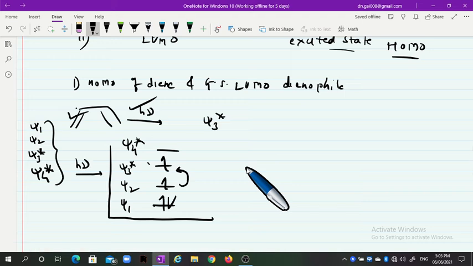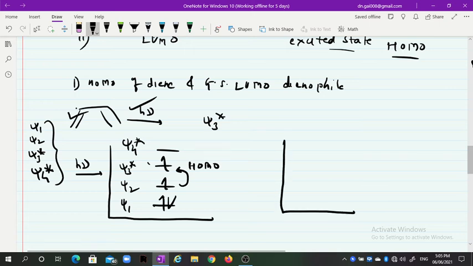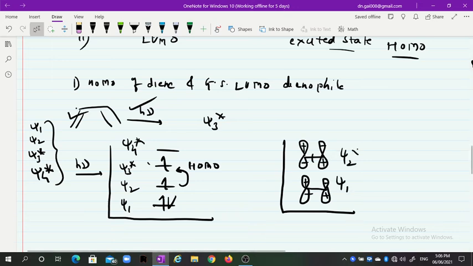Therefore this is our highest occupied molecular orbital for diene. For the second molecule, dienophile, we consider Psi1 and Psi2 star, positive negative and negative positive. The 2 electrons are filled and no excitation is there, and Psi2 star is considered the LUMO.